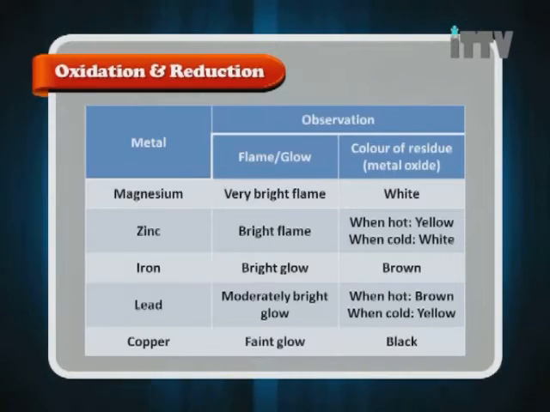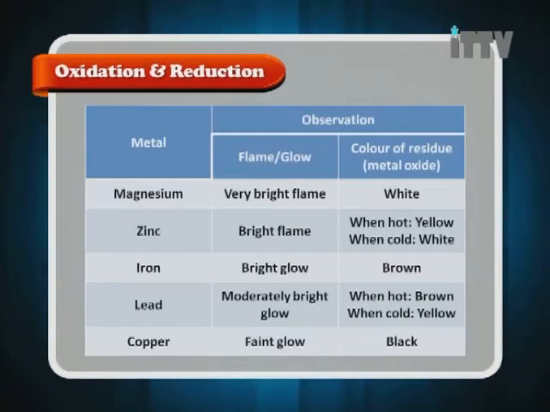For example, if the metal is magnesium, it will glow with a very bright flame, and the color of the residue, which would be the metal oxide, would be white in color. That would be magnesium oxide. Zinc would glow with a bright flame. When hot, it's yellow. When cold, it's white. That is zinc oxide.